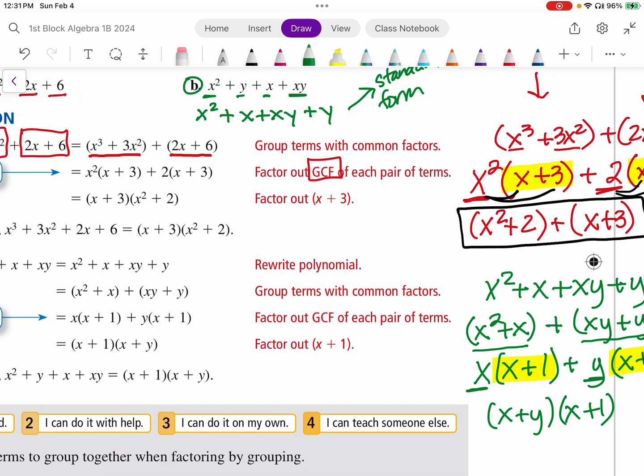You will notice that our book wrote the answers just backwards from how I did. And that's perfectly fine because we know that multiplication is commutative. That means it doesn't matter what order we multiply. 3 times 5 is the same as 5 times 3. So it doesn't matter what order our binomials are in.